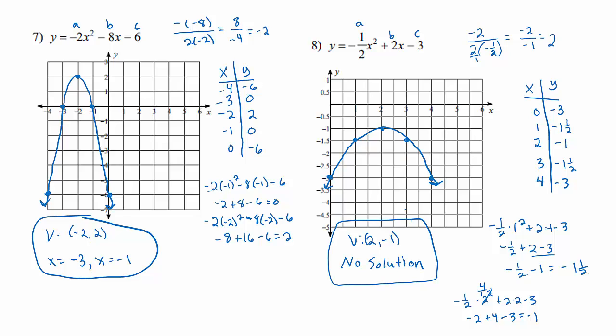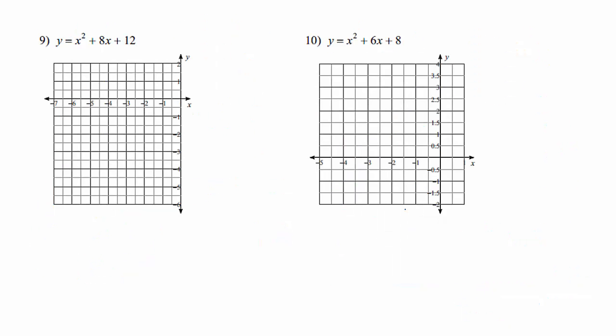I've got 2 more here that I'm going to run through pretty quickly, because at this point, again, it's more about practice than anything. Really, you should pause the video and try to do these on your own if you're still having problems, and then check back and see if you can figure out what you might be doing wrong. So we get -8 over 2 times 1, which is -4.